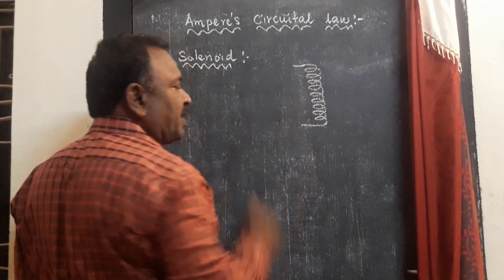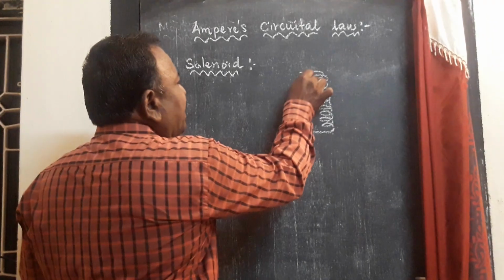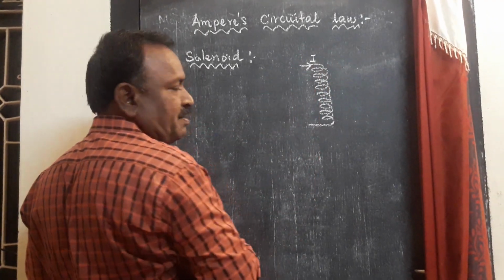This is called a solenoid. Now we are going to see the magnetic field produced by a solenoid.